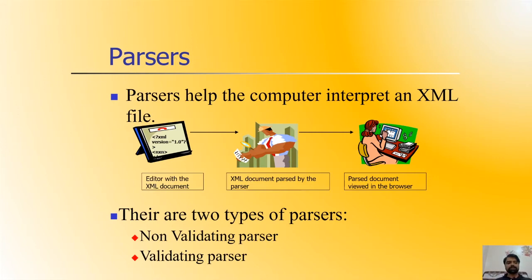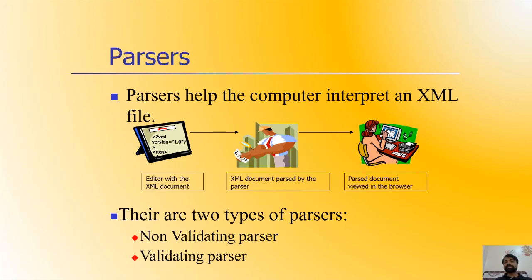Just for example, a few non-validating parsers are OpenXML in Java, Lark, which is a parser in Java, and XP, also used in Java. In C we use expat. A few validating parsers are XML4C and XML4J, which is IBM's, used in Java.